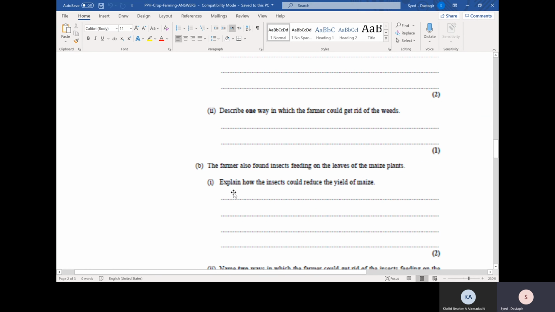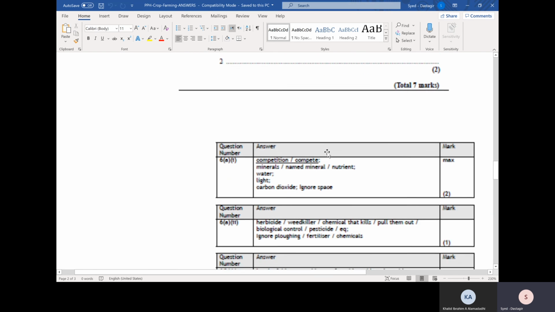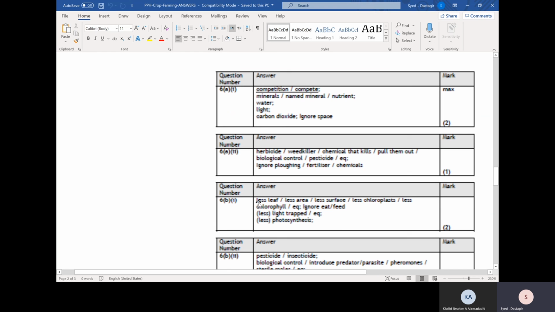Right, so the next question is, the farmer also found insects feeding on the leaves of maize plants. Explain how the insects could reduce the yield of maize. So you have to think what insects do to the plants. Obviously there'll be less area of the leaf, or less surface, therefore less chloroplast, therefore less light is trapped, and there's less photosynthesis.